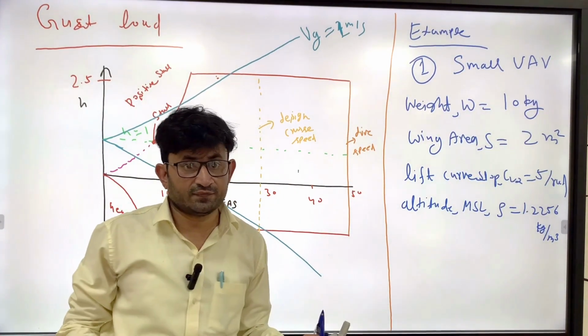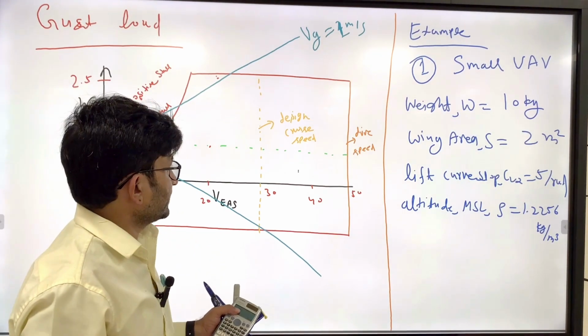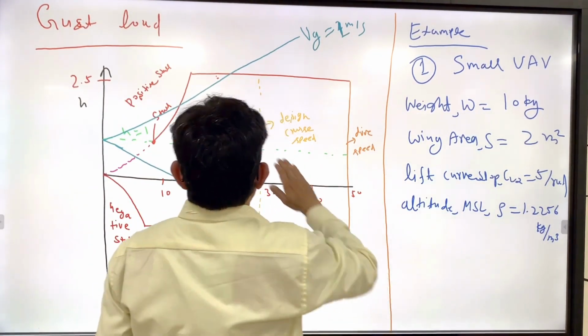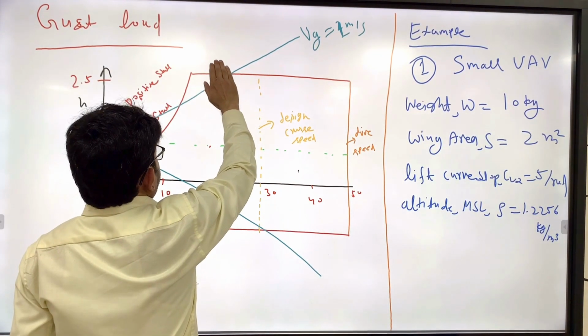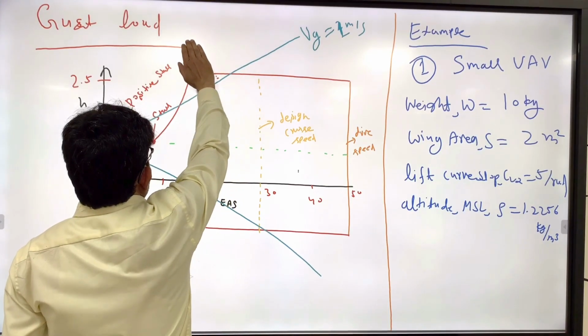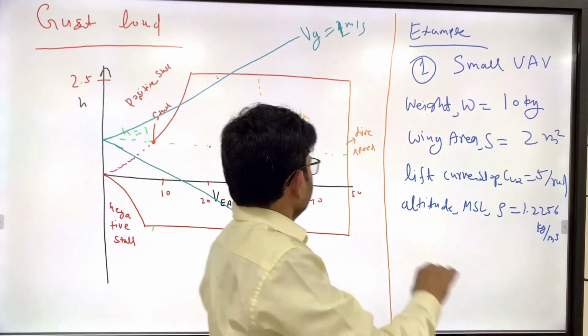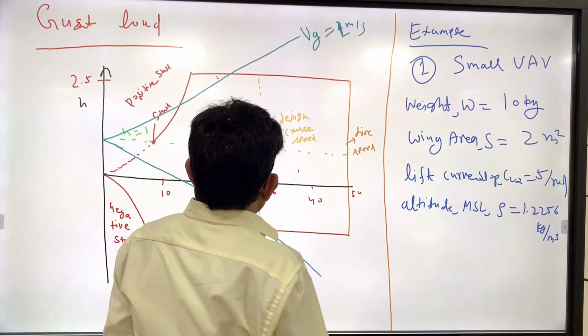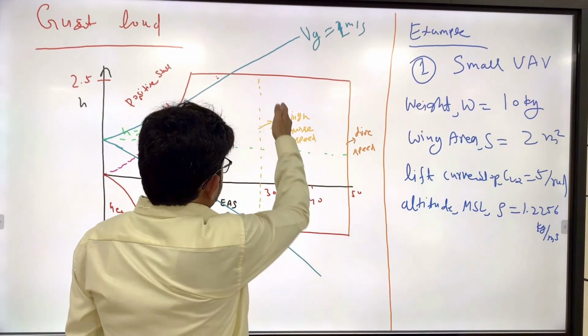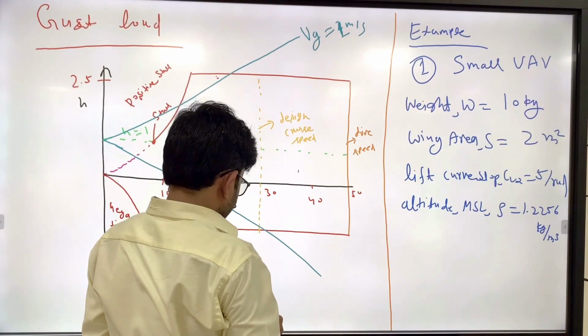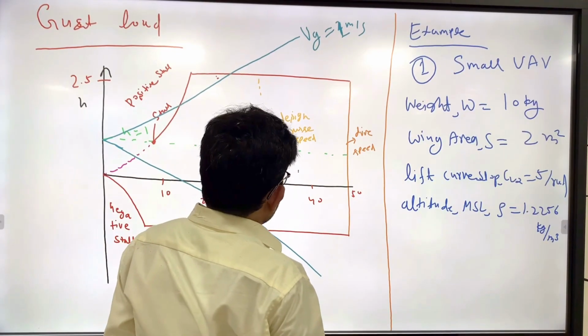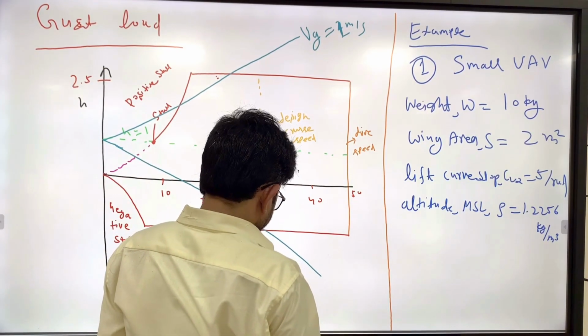This kind of aircraft can sustain the gust. But if you have more than 1 meter per second, let's say for example a 2 or 3 meter per second gust, you will be out of the envelope throughout the speed range. And this is the design cruise speed you have marked. How much speed are you getting? Near around 28, right?